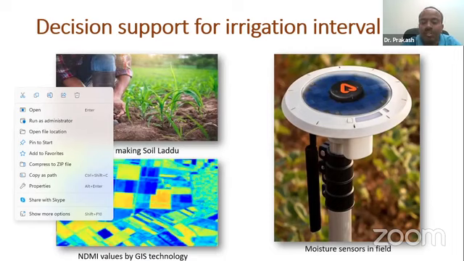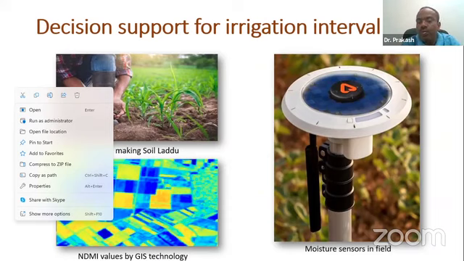There are different moisture sensors available in the market that can give us readings digitally on our mobile, and such technology is also available for scheduling our irrigation intervals.